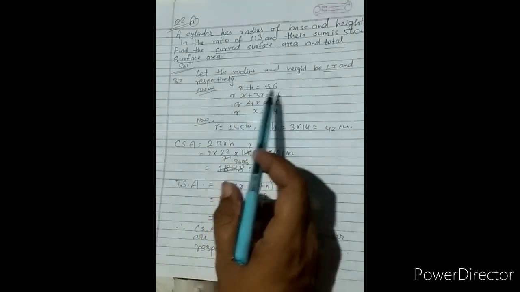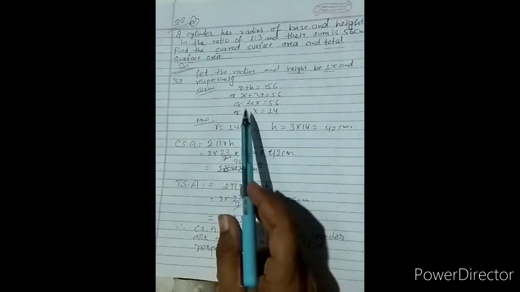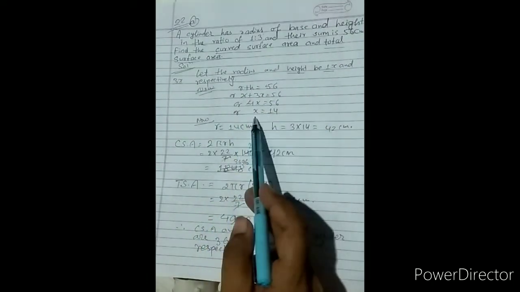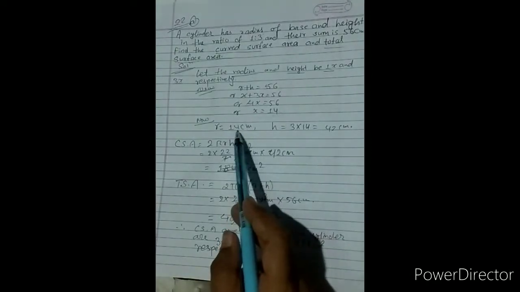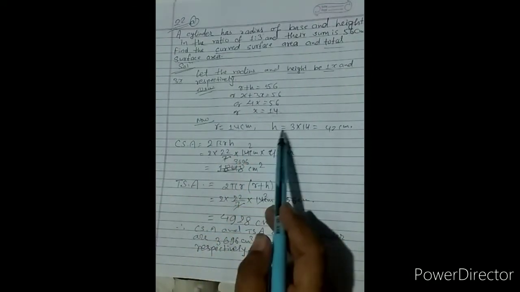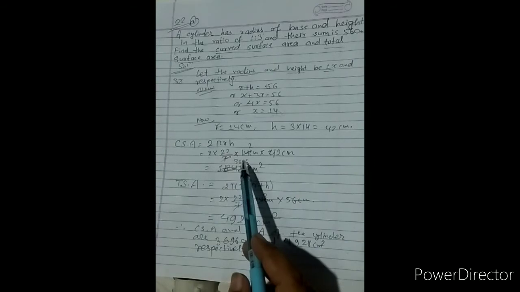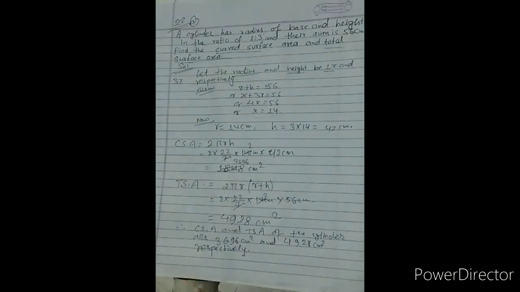R plus H is given as 56. From here, x plus 3x, now we get the value of x. So R is 14, H is 42. Put this value together, CSA and TSA.